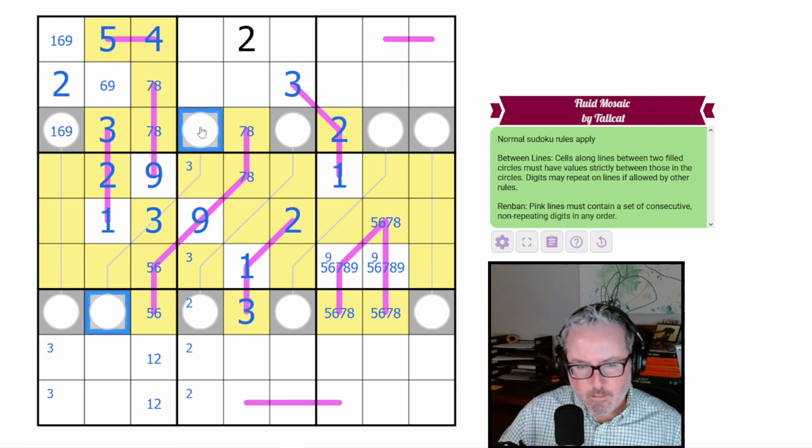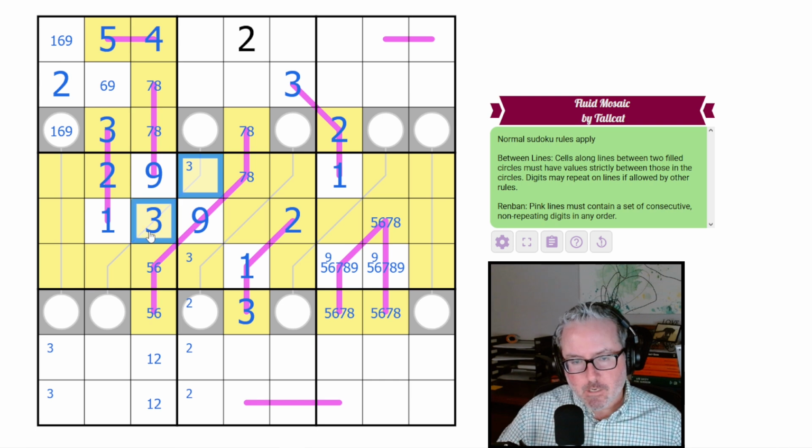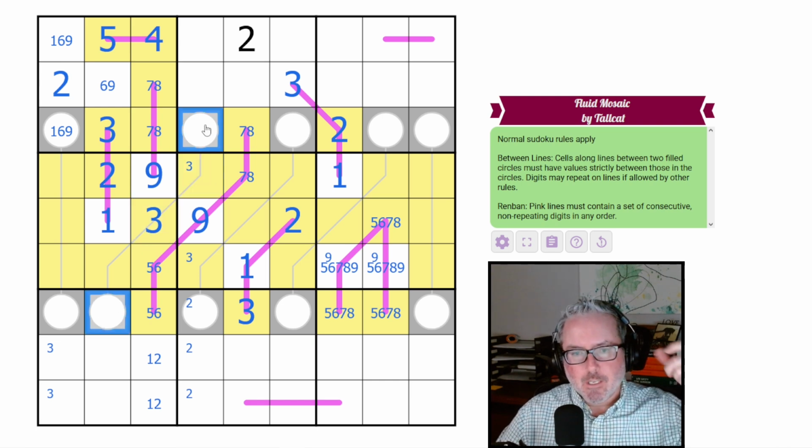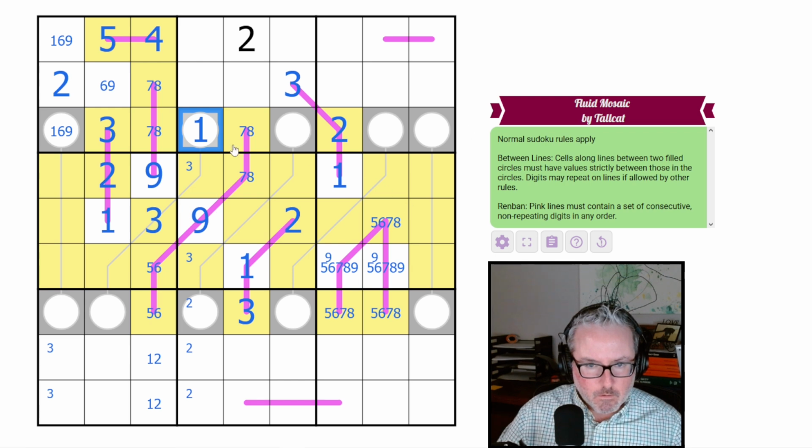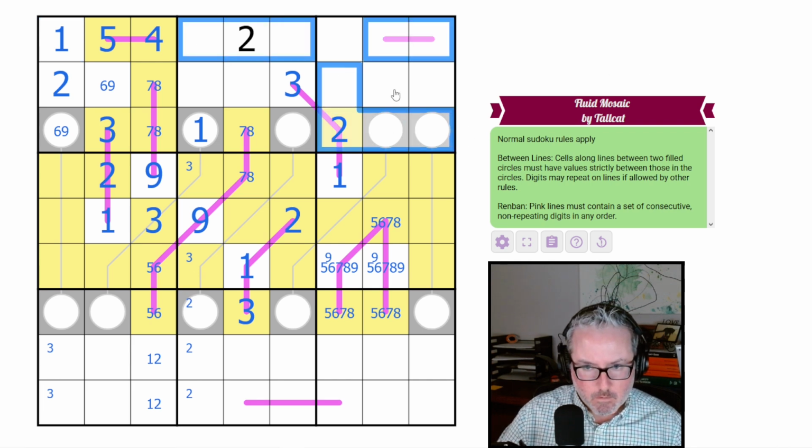One of these has to be a 1 or a 2, which means it's this one. Because we have a 3 on this thing, we have to be able to put a 1 or a 2 to get below the 3. Well, this can't be 1 or 2. This can't be 2. This is 1. Okay, this is not 1. This is 1. One of these is 1.